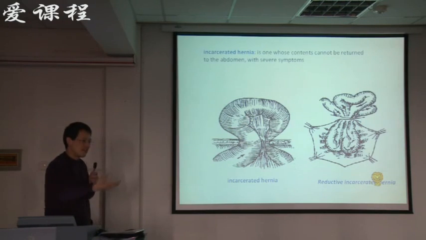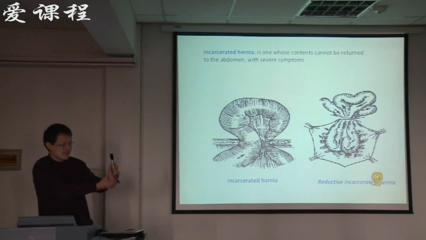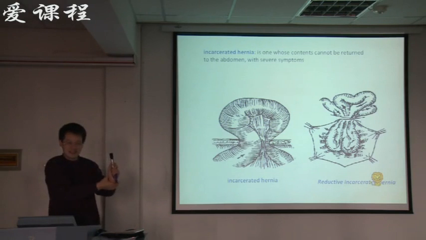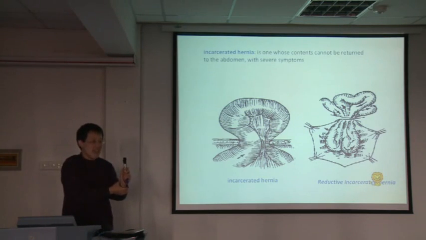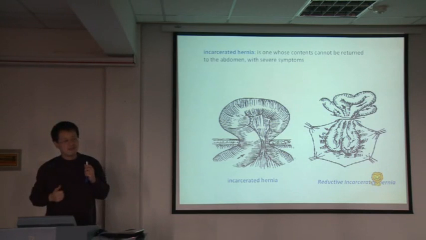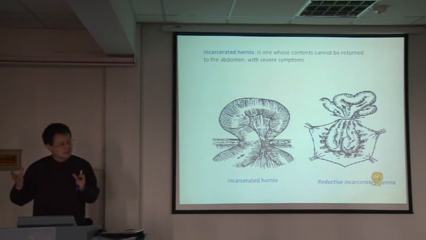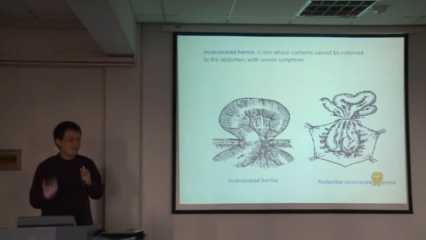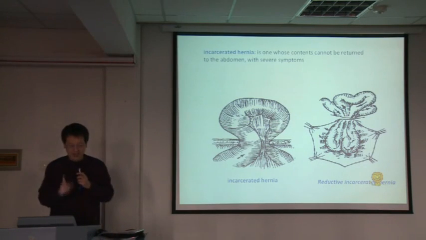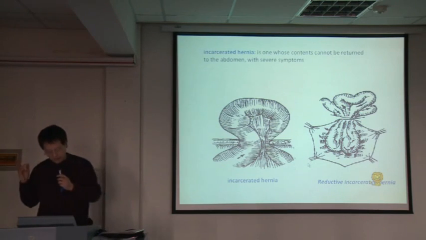When it goes out, it is like when I tightly control your hand: your hand will become swollen because the venous flow cannot go back. So the more swollen the content is, the more difficult it is to go back. Understand? In this situation, we call this an incarcerated hernia. So it's very important. Another term is also very important.